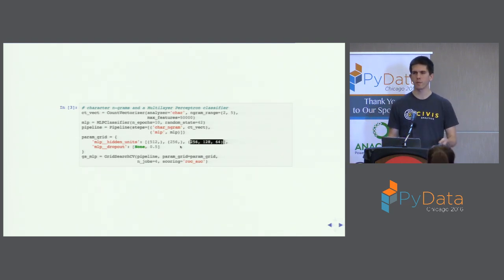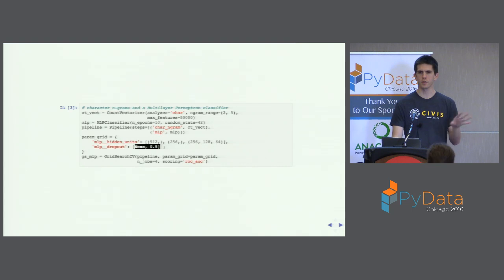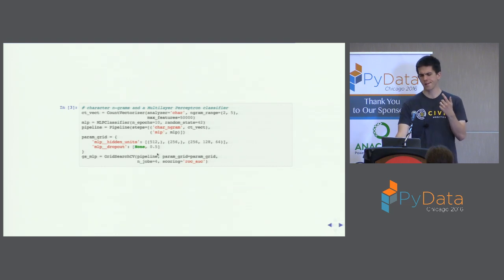In practice, you would probably want to try lots more configurations of hidden layers. Then we either turn dropout on or off, at the basic 0.5 level. And then we'll throw that into a grid search CV.